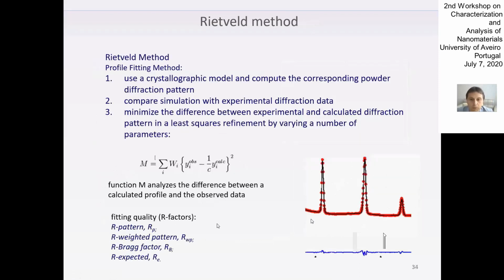Okay, a few words about the Rietveld method. What is the main idea? We have diffraction, regardless of the origin of the radiation: X-ray, neutrons, or electrons. We have some reflections because of the interaction between the radiation and the material. If it has a crystal structure, periodically we have these maxima.